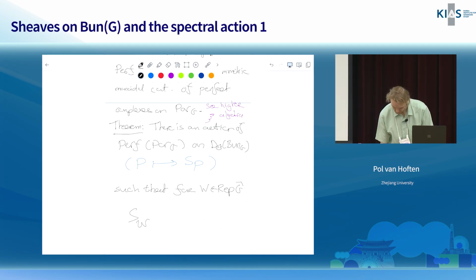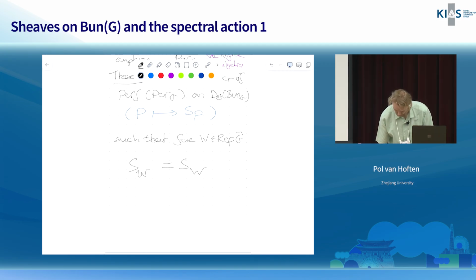is the same as S of, let me just say F of normal W, where S normal W is this Hecke operator.